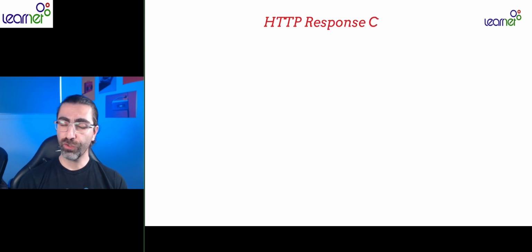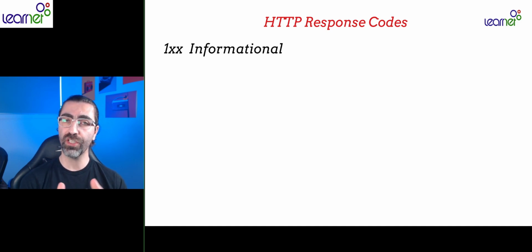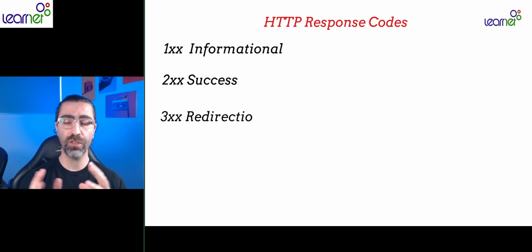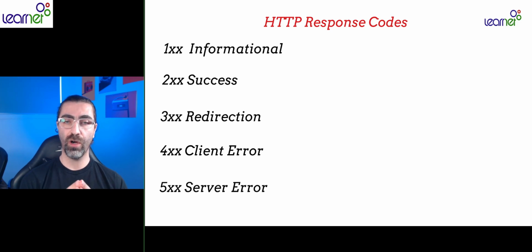As we saw in the previous slides, besides the data you receive from the REST server, you receive an HTTP response code as well. These codes are categorized in 5 different categories, and each of these categories starts with a number: 100, 200, 300, 400, or 500. The 100s are called informational.